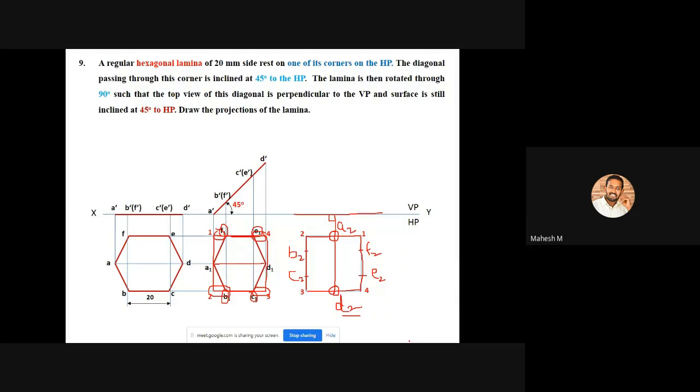Okay, so after doing this, you can connect all these 6 points. That means you can connect A2, B2, and B2, C2, and C2, D2, and D2, E2, E2, F2, F2, A2. So if you are connecting this, you will get the hexagon.